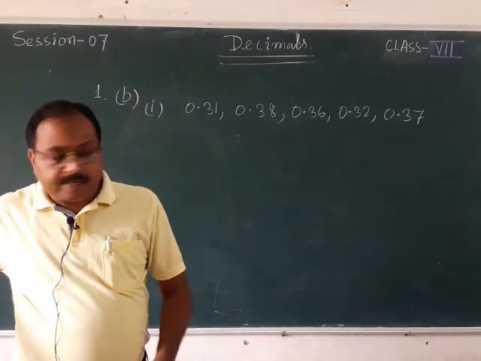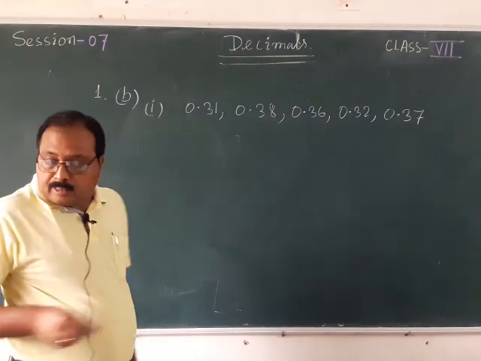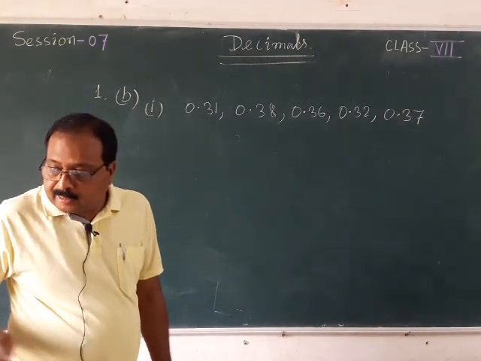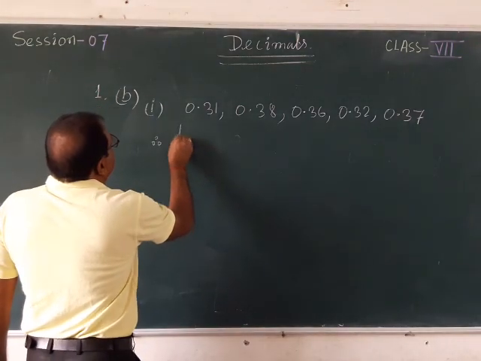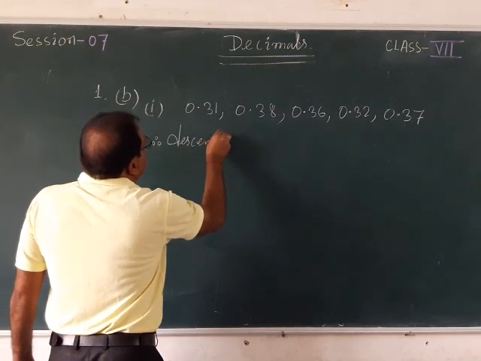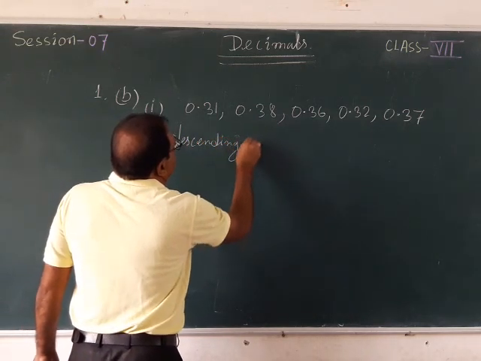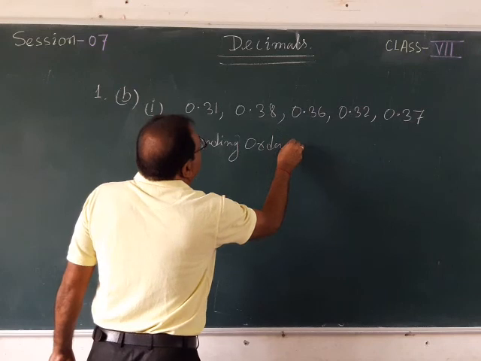Now in which order do you want to write these numbers? You want to write them in descending order. In descending order, how can you write it?